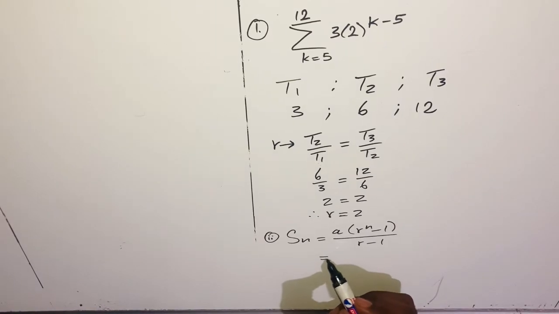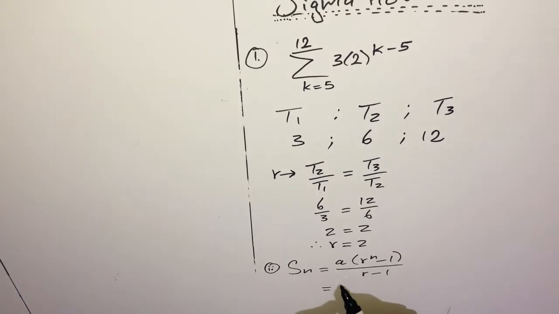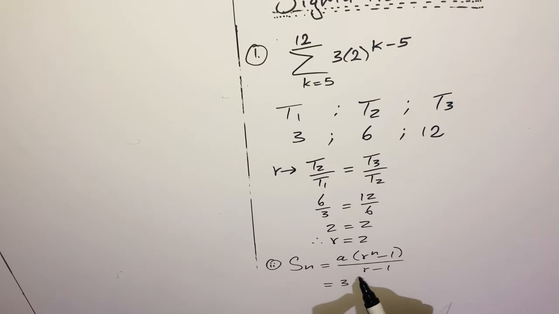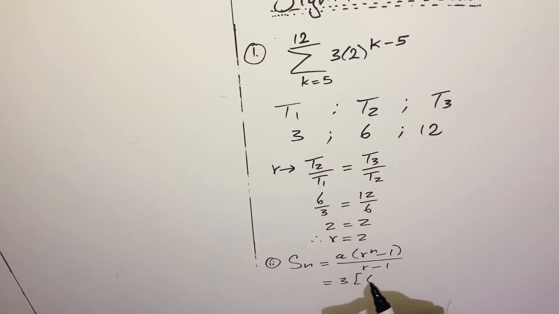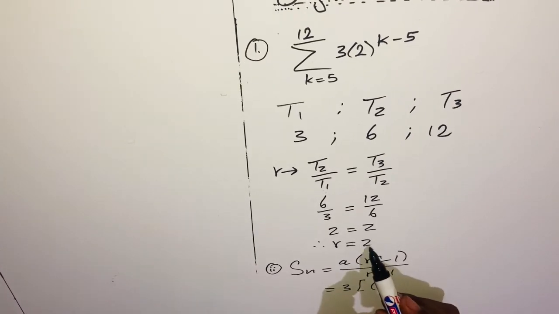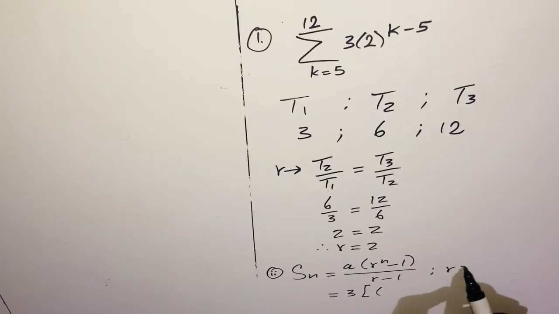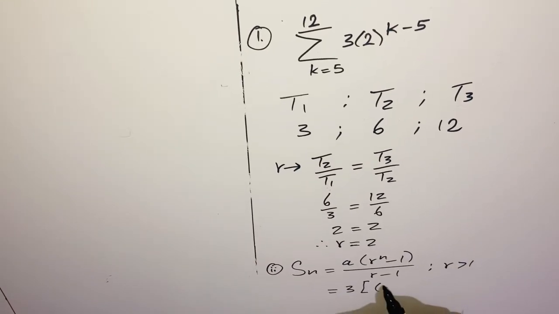So my first term is a 3. My common ratio is a 2.